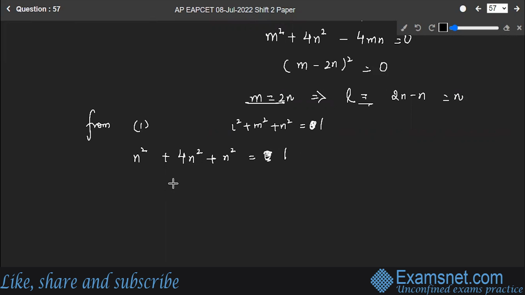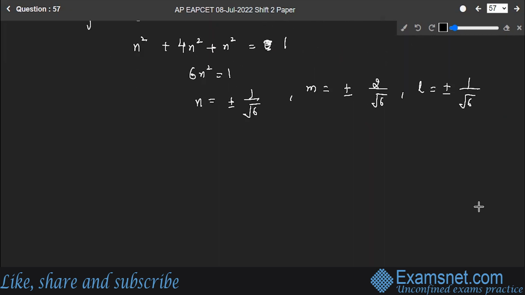So this gives you 6N square is equal to 1, or N will be equal to plus minus 1 by root of 6. Therefore, M will be equal to plus minus 2 upon root of 6. And L will be equal to plus minus 1 upon root of 6. So these are the three values.